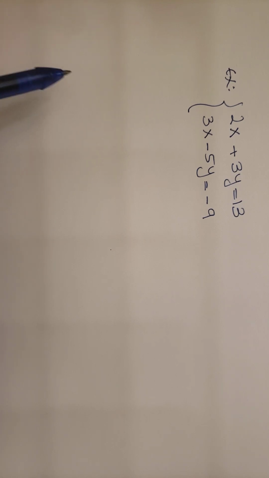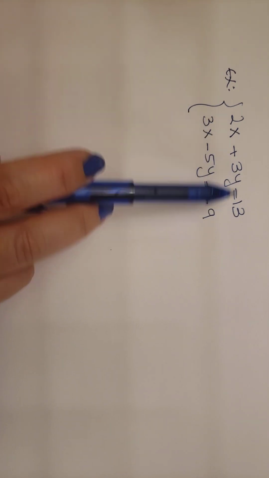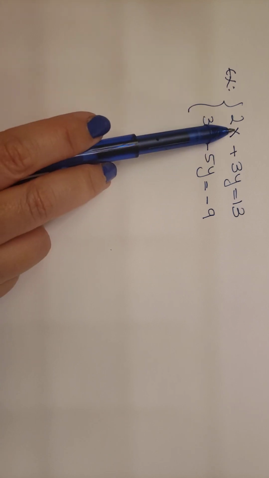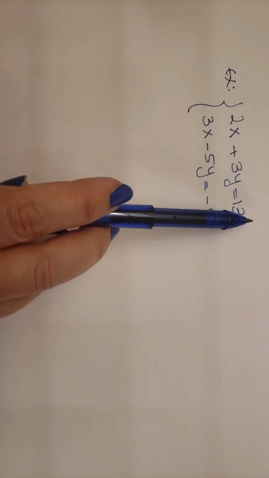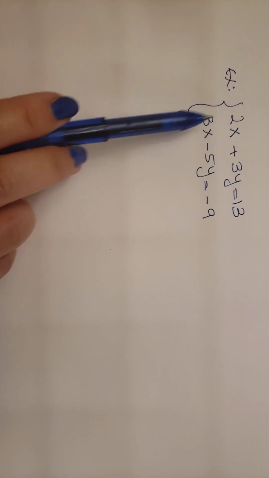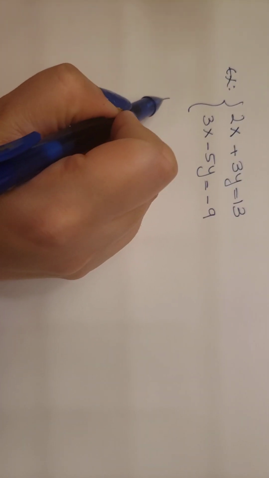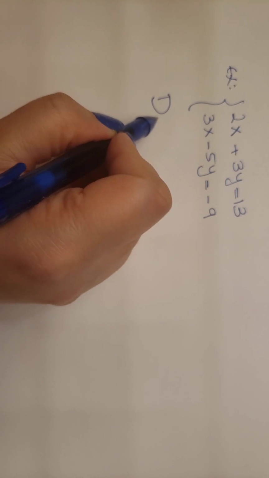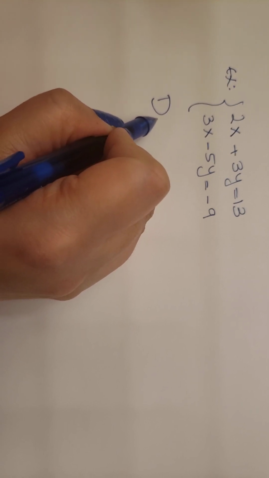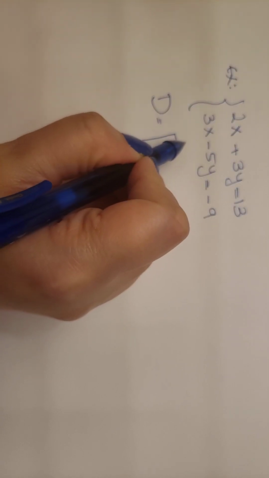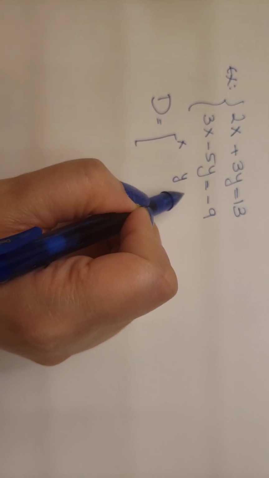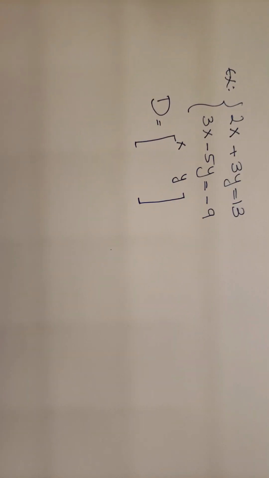So first of all, I have to make sure my equations are nicely aligned. x, y, constant, they're nicely aligned. Then I will start by forming the D matrix. The D matrix would be x, y, and then I put the coefficients.